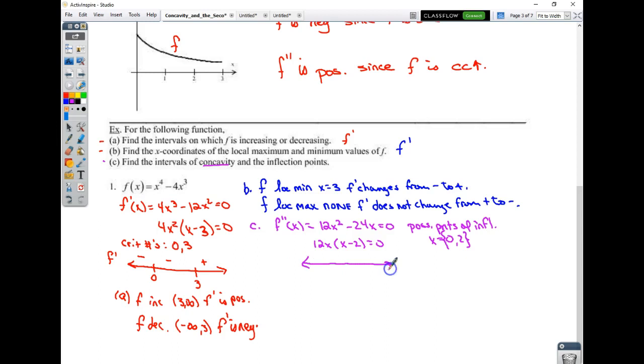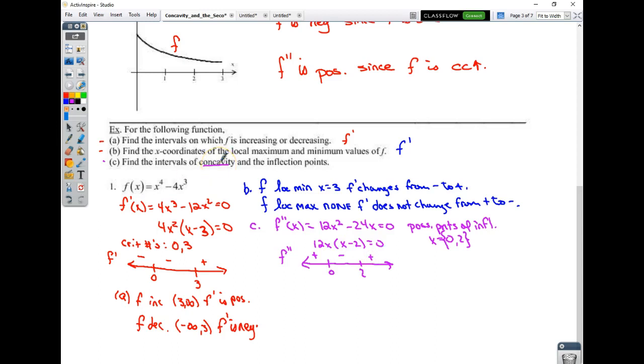So now I'm going to look at a new chart, but now instead of f prime, I'm looking at f double prime between 0 and 2. If I pick a negative number, both of those will be negative, so I get a positive. This will be a negative. This will be a positive. So now I need to figure out the intervals of concavity.